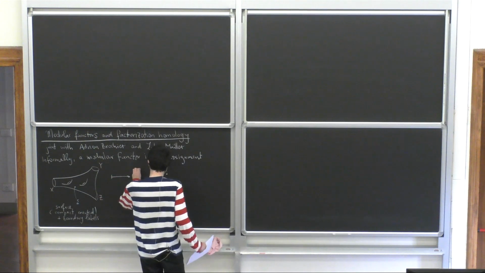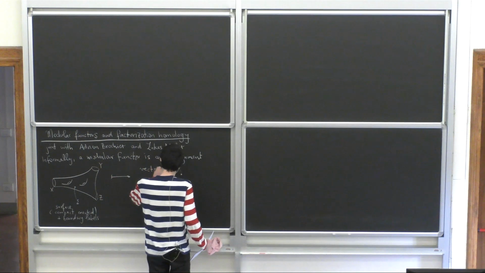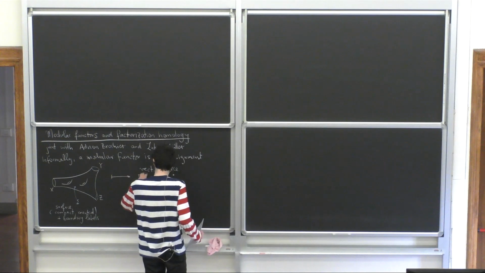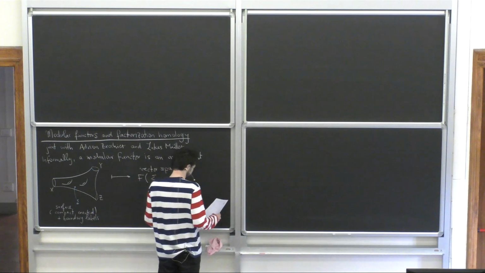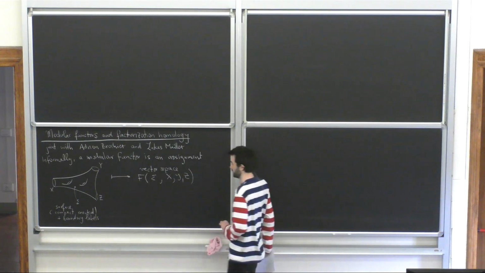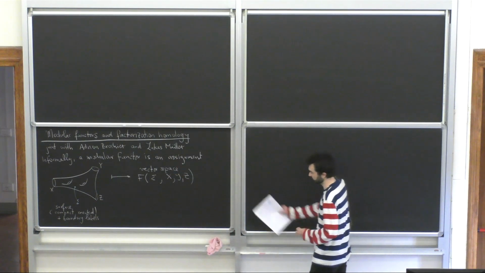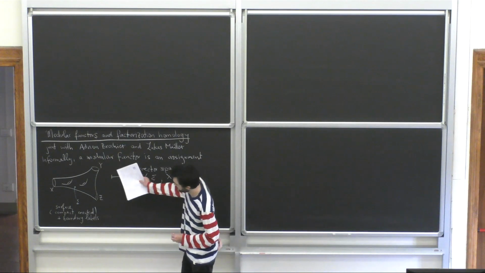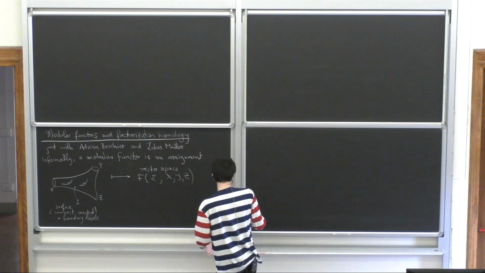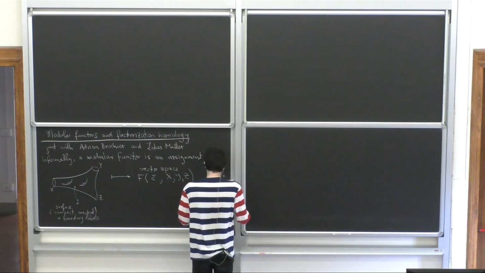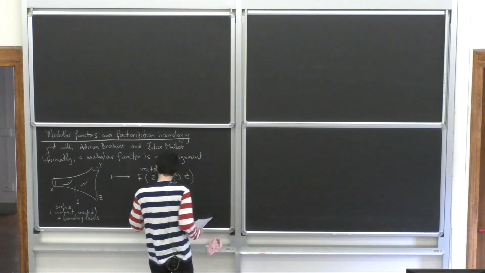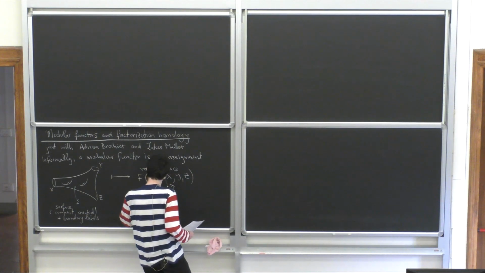It assigns a vector space, and it's going to depend on the surface and on these labels that I have specified. This is done for all surfaces and all labels, and it is not just a vector space, but it comes with an action of the mapping class group of that surface.